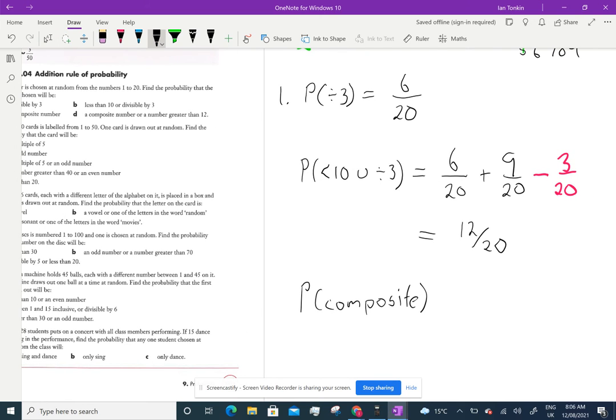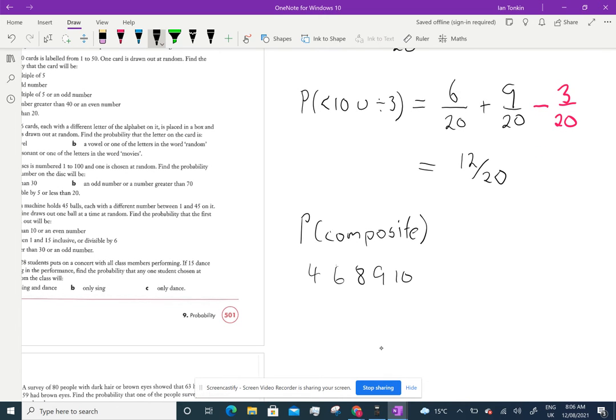The composite numbers, 2's prime, 3's prime, 4's not, 5's prime, 6 is not, 7's prime, 8 is not, 9 is not, 10 is not, 11's prime, 12's not, 13 is prime, 14 is not, 15 is not, 16 is not, 17's prime, 18's not, 19's prime, 20. 1, 2, 3, 4, 5, 6, 7, 8, 9, 10, 11. Yep, they got 11. So probably a composite 11 on 20.